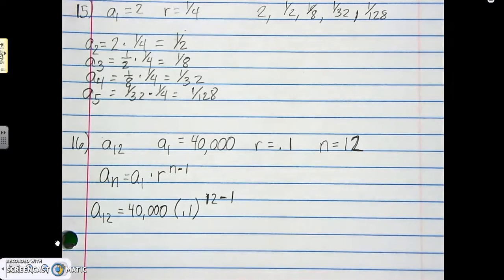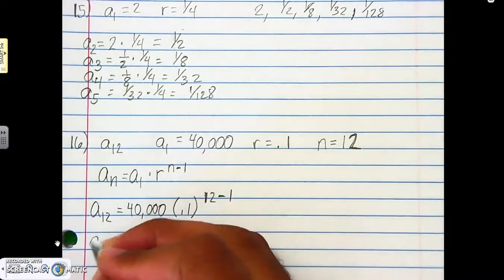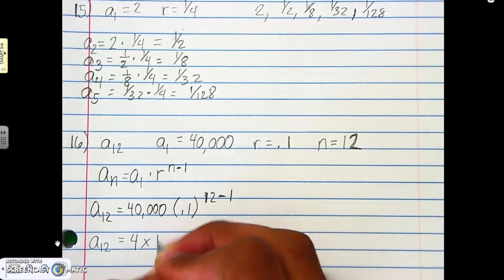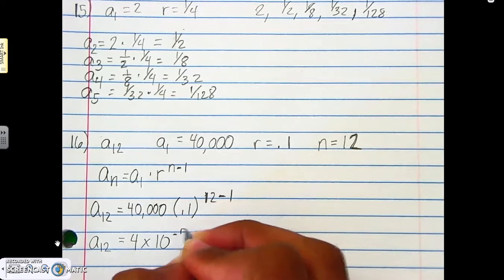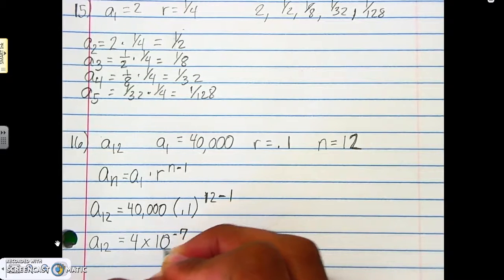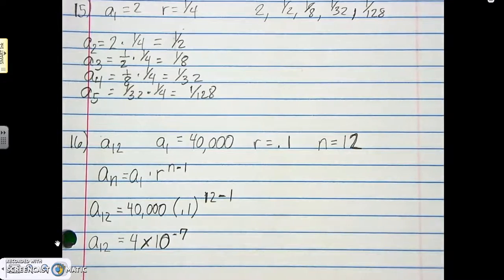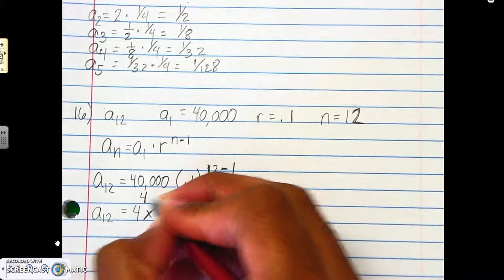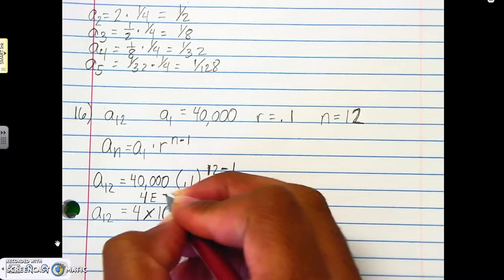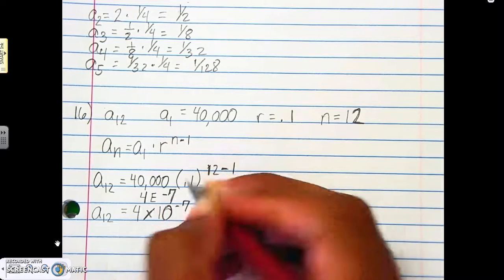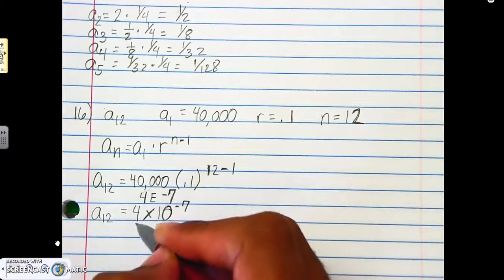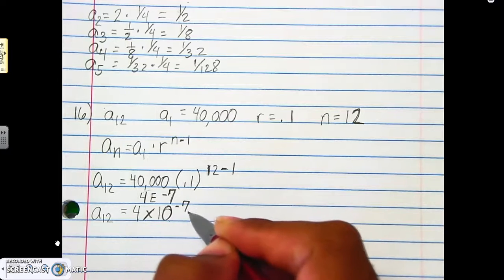When you put that into the calculator, you get something like this. We talked about this already in the notes: this means the same thing as 4 times 10 to the negative 7th power.